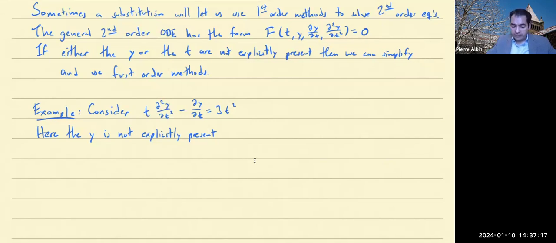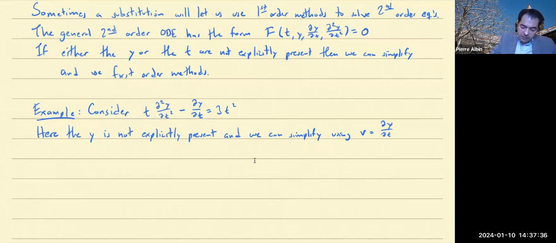So a nice way of carrying that out is to simplify using v, a new variable. V is dy dt, right?